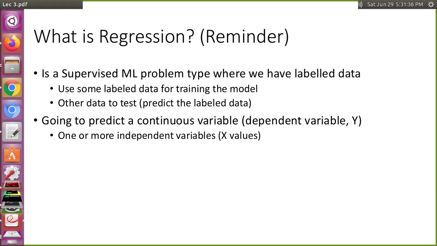Regression is one of the two types of supervised machine learning. One is known as classification. The other one is known as regression.